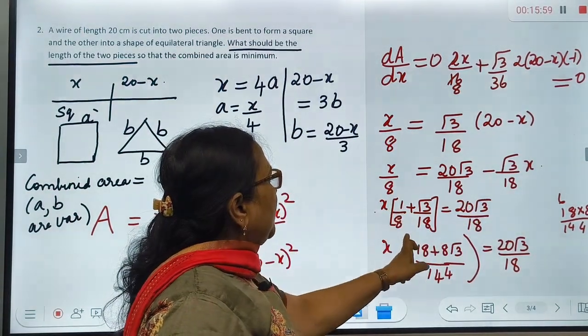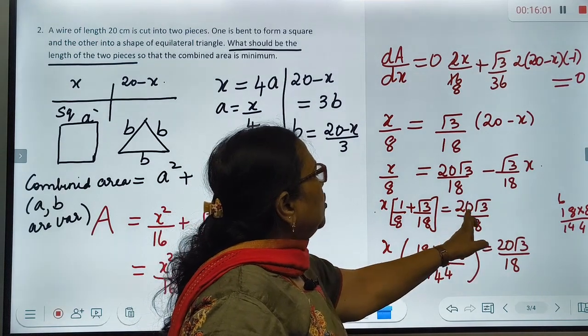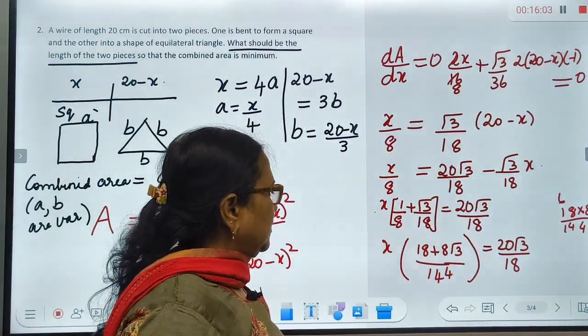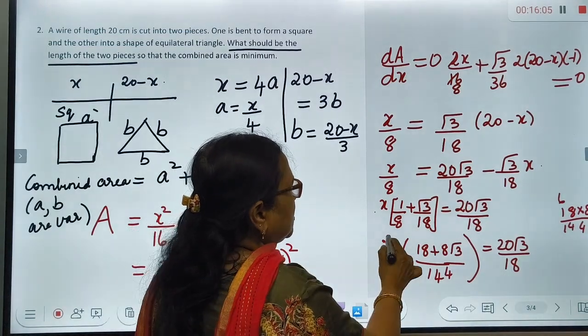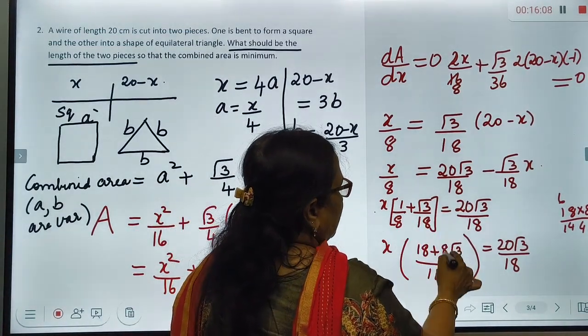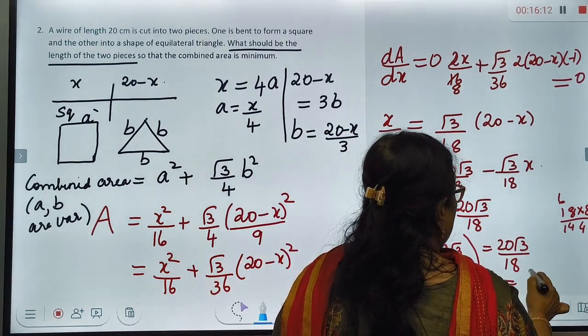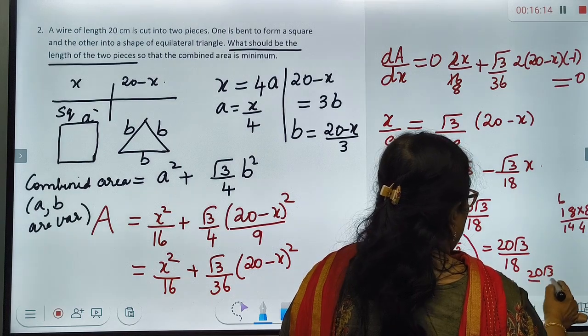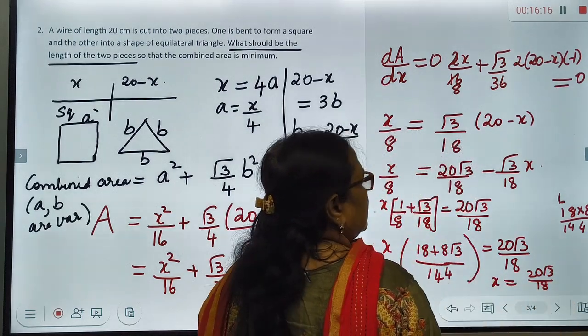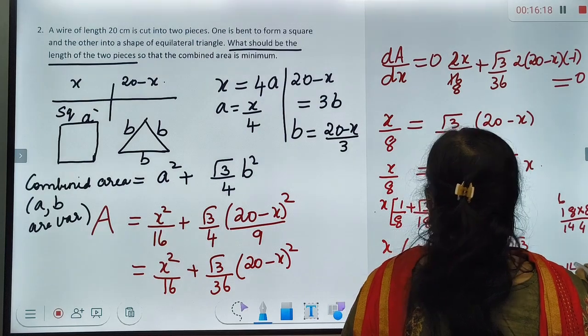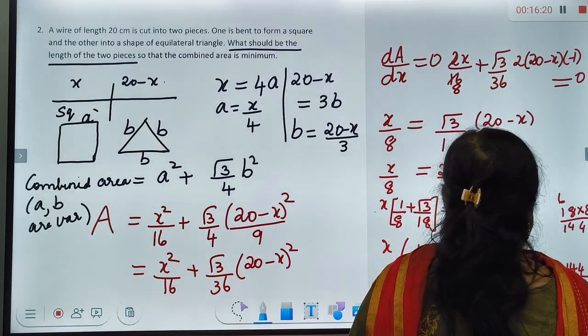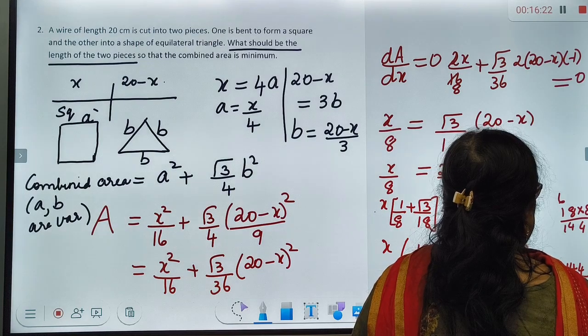So x into 1 by 8 plus root 3 by 18 equal to 20 root 3 by 18. Okay. So x into 18 plus 8 root 3 by 144 is this. So x will be what? 20 root 3 by 18 into 144 by 18 plus 8 root 3.